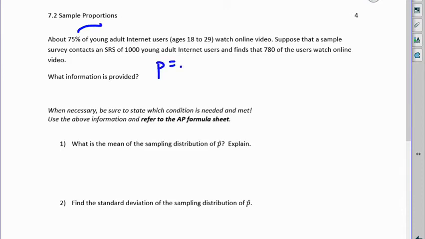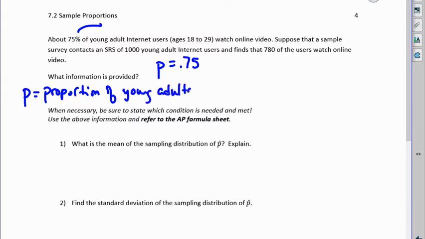So I can write it with a population symbol like that. And you probably should define that P equals the proportion of young adult internet users who watch online video.